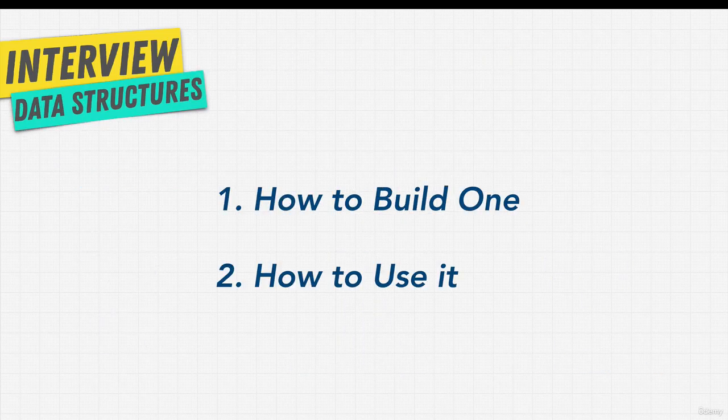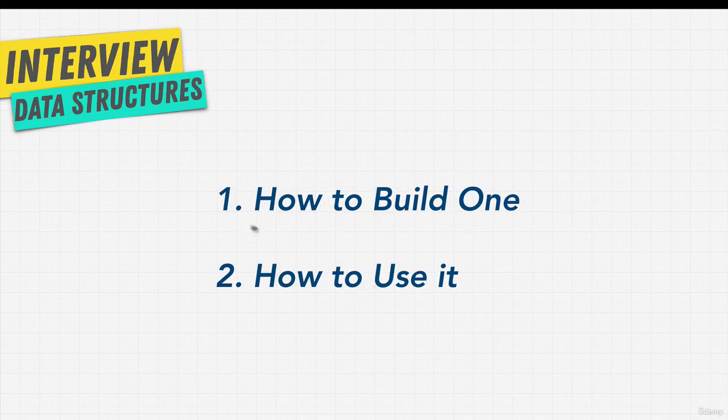And there are 2 parts to understanding data structures. One is how to actually build one. How can we build with code some of these data structures? And 2 is how to use them. We're going to do both of these in this course. But the second point is the most important, right?